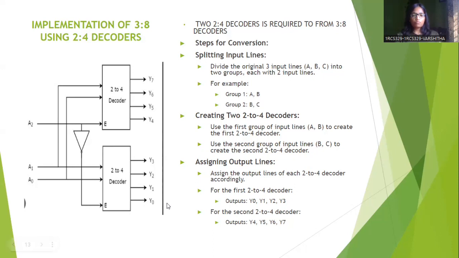So all these output signals would become 0, and we achieve only one output signal being active among all 8 output signals. This is the way a 3 to 8 decoder can be implemented with the help of 2 to 4 decoders.